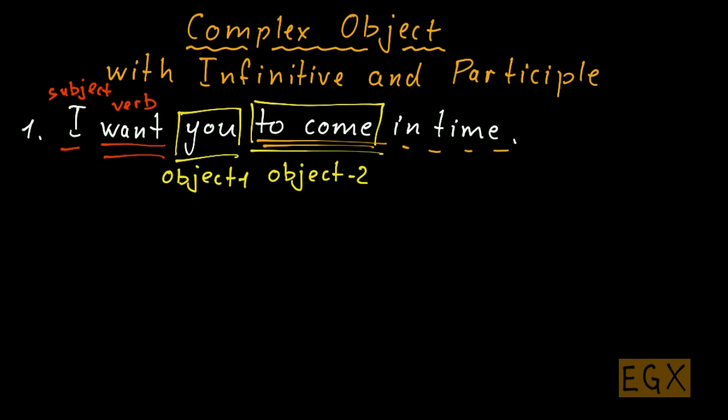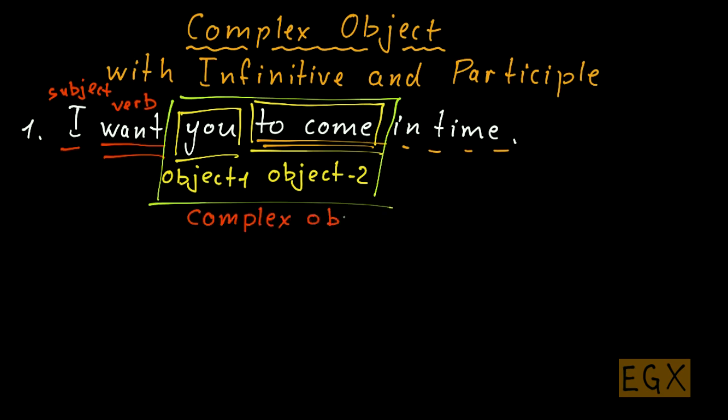So, all this, it is my complex object. This is how it is built. So, I need subject, I need some verb, I need one object and the second object as an infinitive or participle.